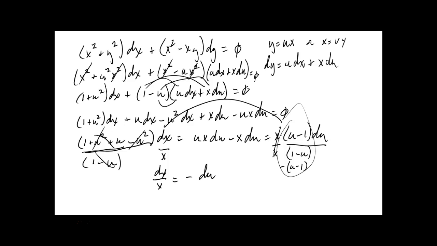What's the integral of the left? ln of x, I will put it in absolute values, is equal to minus u. And then I guess maybe a plus c. Okay? I don't know if I want to leave it at c or not. We'll come back and change it if we need to. But now we've got to write what u is.